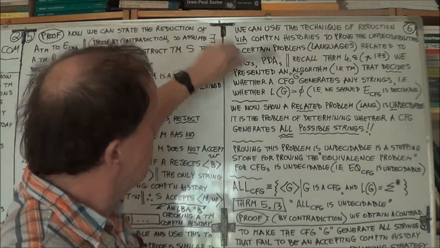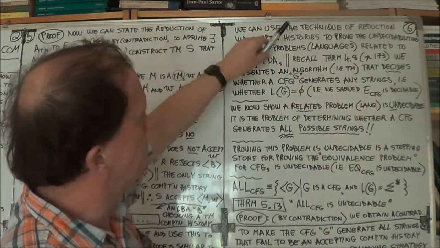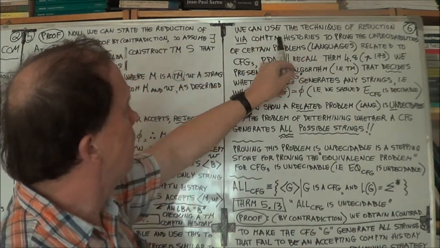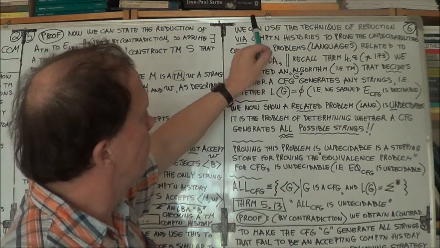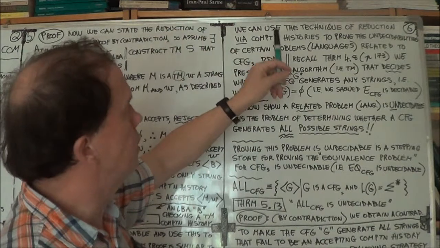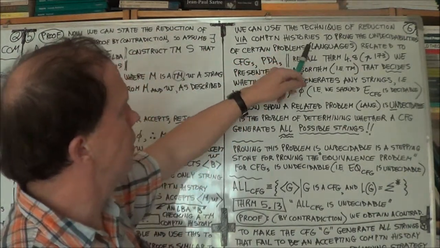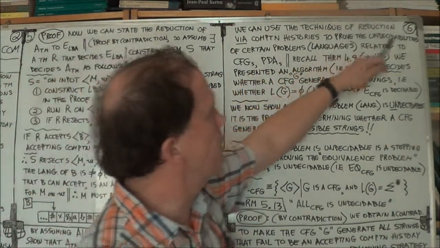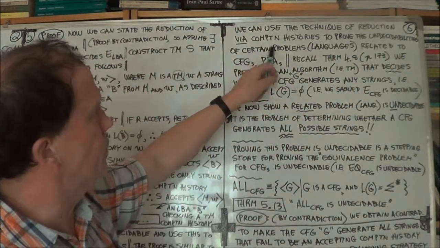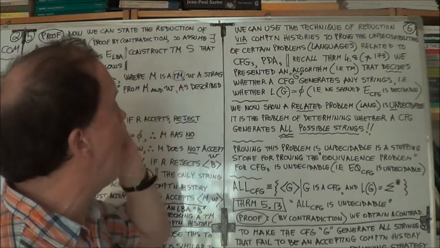So it's sort of a lead-in, a bit of commentary, not on this, but in general. Now we've been using the technique of reduction, in the previous proof, using computation histories to prove undecidability of certain problems. Well, that's just what we've been doing.